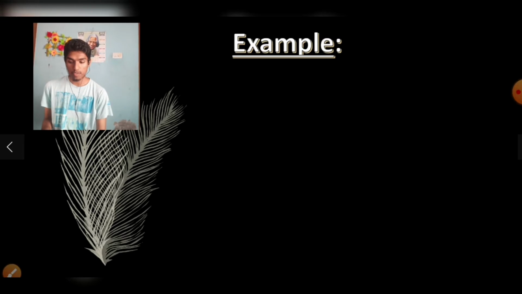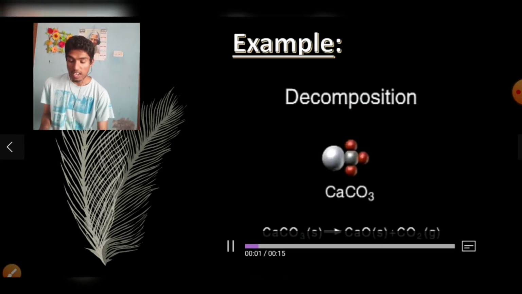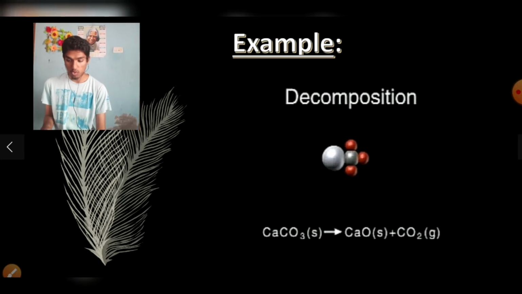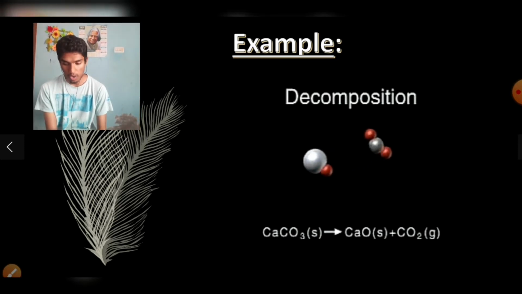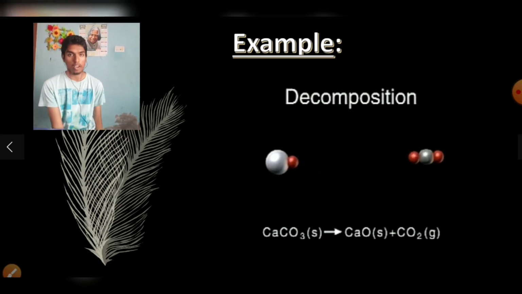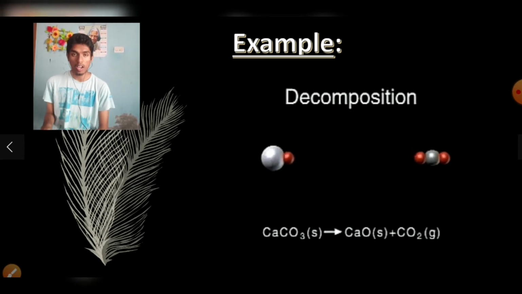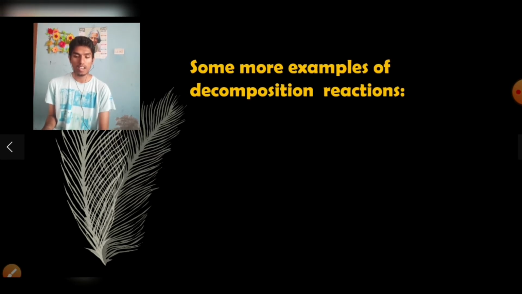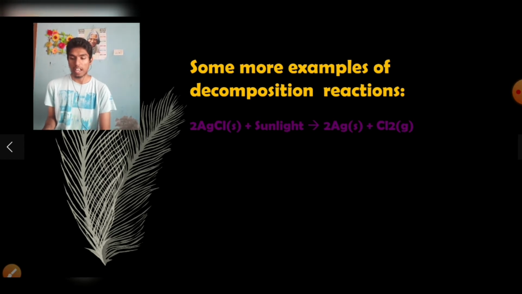In decomposition reaction, here calcium carbonate is taken and it is breaking into two molecules, which are calcium oxide and carbon dioxide. This is how decomposition reaction takes place. Some more examples of decomposition reactions: AgCl in the presence of sunlight gives us Ag and Cl2. What is AgCl here? AgCl is silver chloride.